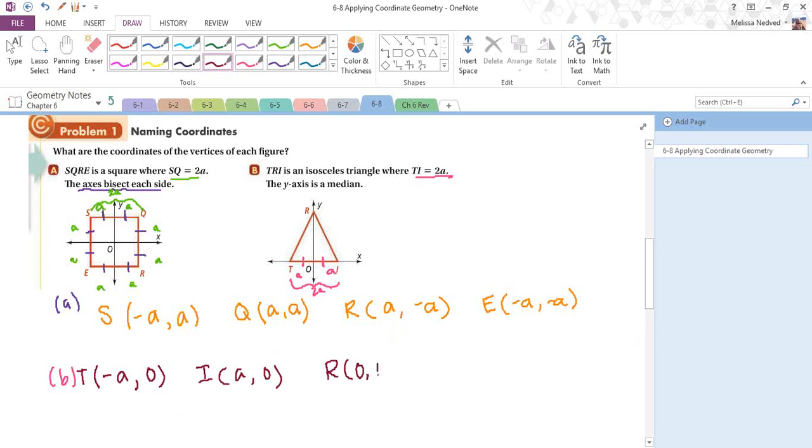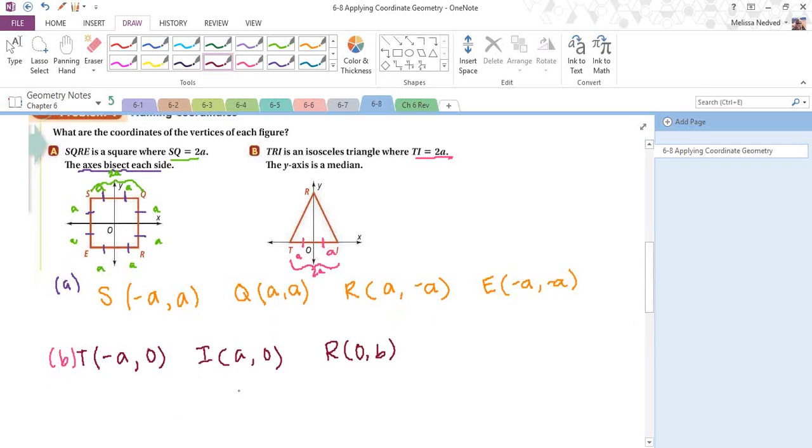So we're just going to give it a new variable, and we're going to call that B. You could call it D or you could call it Q. It's possible it's the same position as A, but we don't know enough about that, so we're going to call that B. So again, taking a triangle and giving the points and vertices using only 2 variables, A and B, and 0.